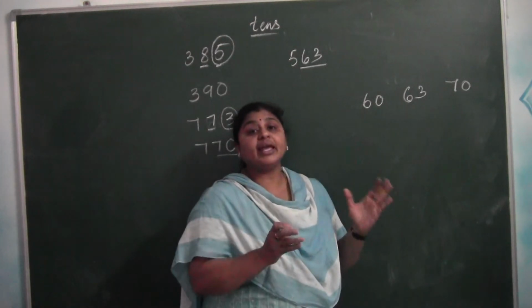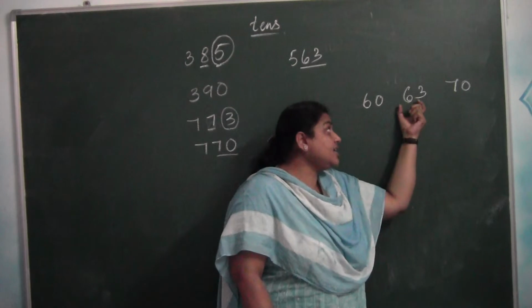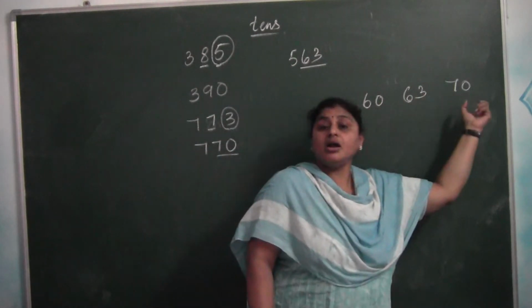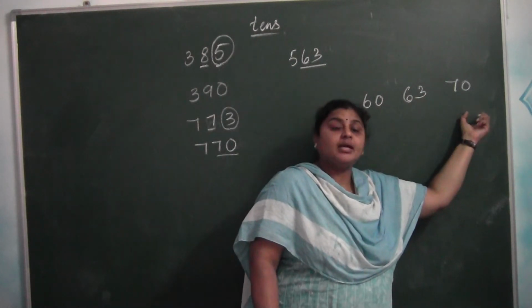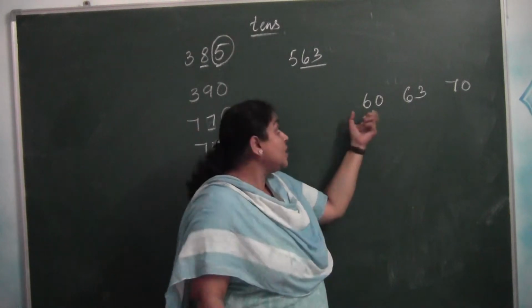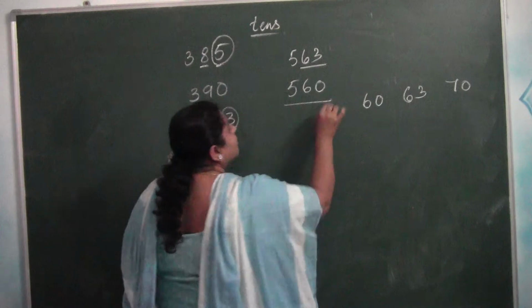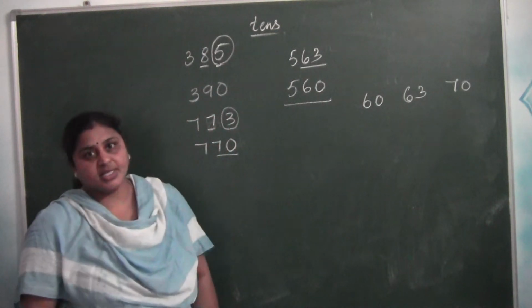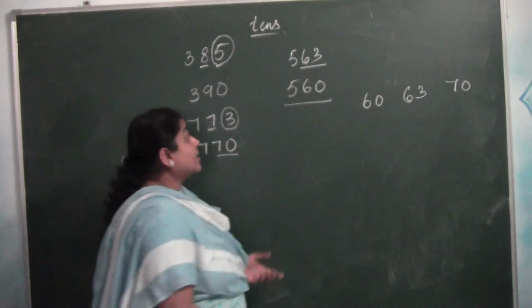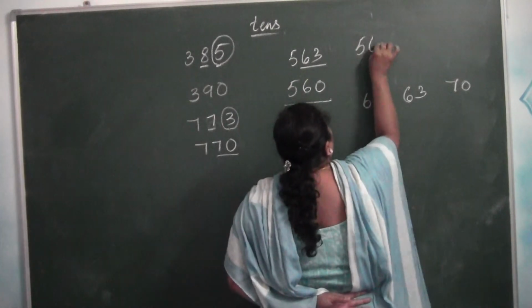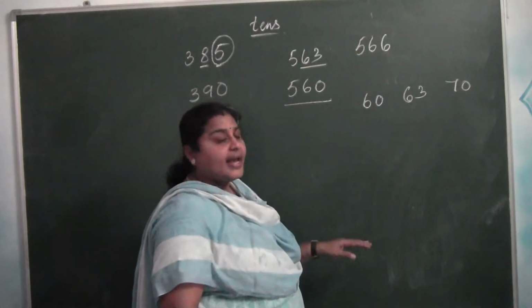So just looking at the value, 63 is nearer to 60 or nearer to 70? 63 is nearer to 60. So what I am doing, 563, I am rounding off to 560.